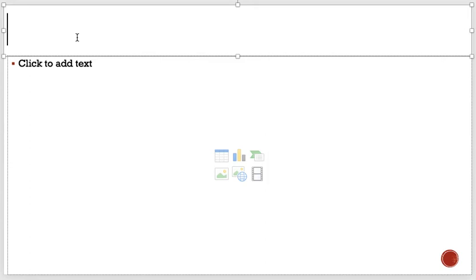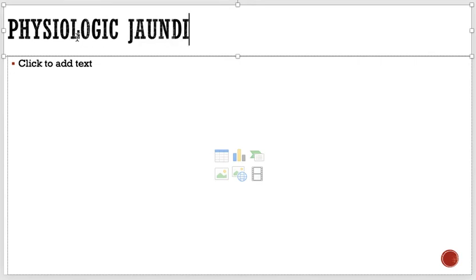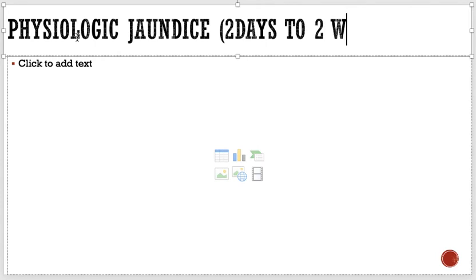Okay, guys. The most common one is physiological jaundice. It basically starts from 2 days and persists for 2 weeks.